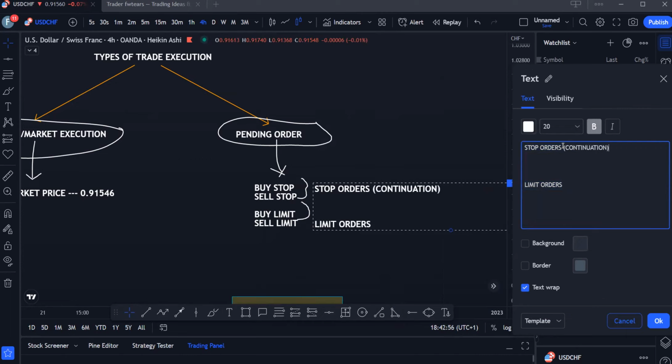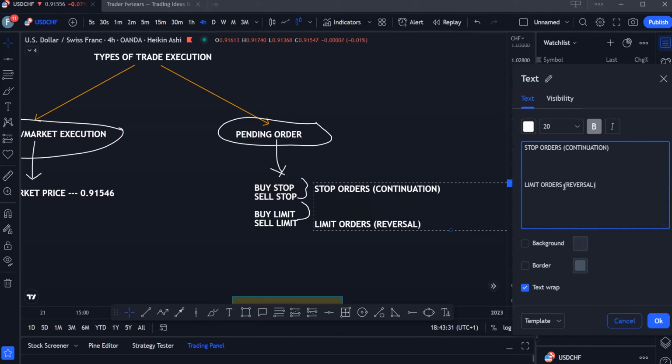Buy stop and sell stop are stop orders. And what are stop orders? They are orders in which you want to enter the continuation of the move. When you see a buy move, you want to place a buy stop to continue that buy move. When you see a sell move, you want to place a sell stop to continue that sell move. But limit orders, think about reversal.